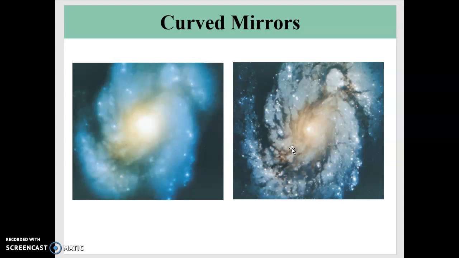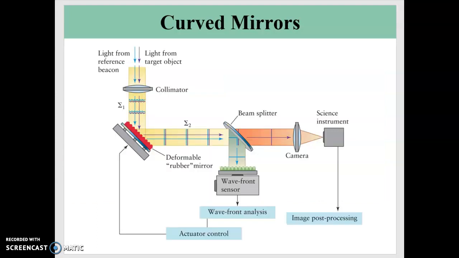And the class of solution here for actually adjusting the light path of the light as it moves through the instrument instead of fixing the instrument itself is a class of solutions called adaptive optics. So ground-based astronomers, even though many telescopes that we have on the ground are much bigger than the Hubble, the main obstacle that they face is the atmosphere.